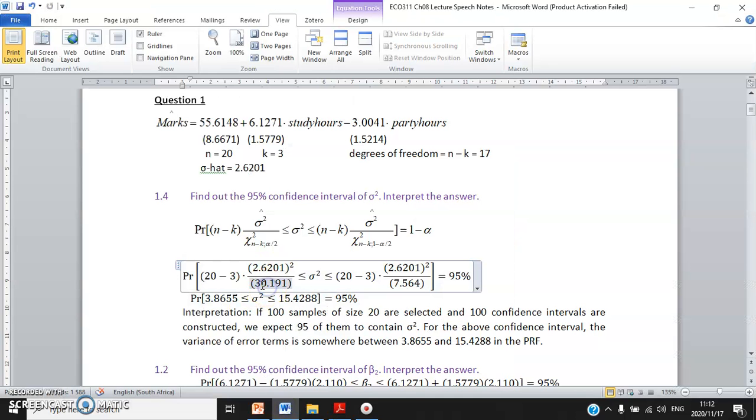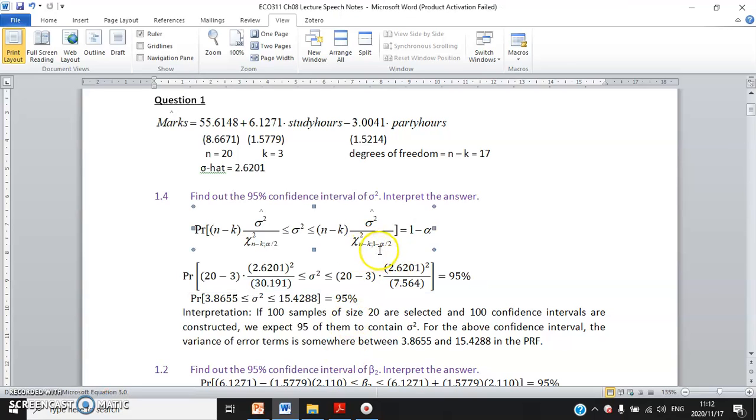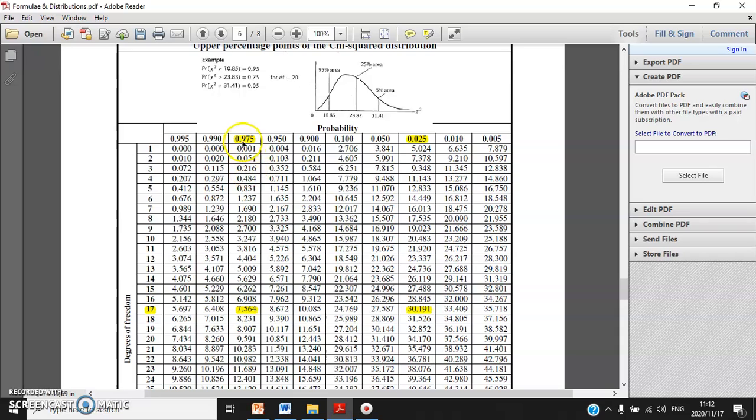And then I substitute here. I think it should be fine with that. And then for my second chi-square statistic, still the same degrees of freedom 17, and then 1 minus half of the alpha. So it means 100% minus 2.5%. So it gives you 97.5% or 0.975. Degrees of freedom 17.